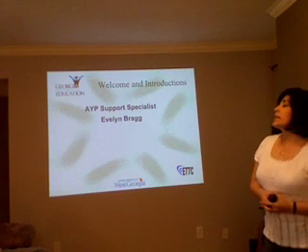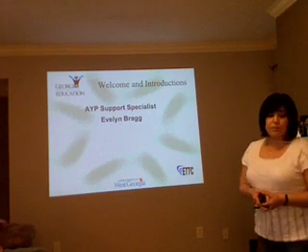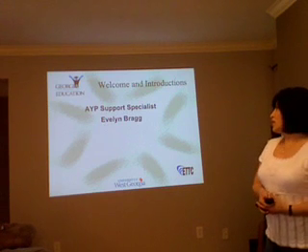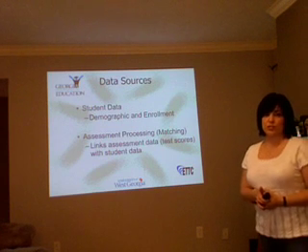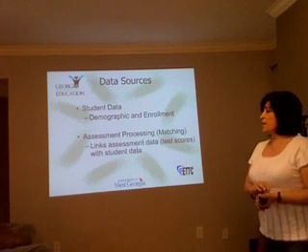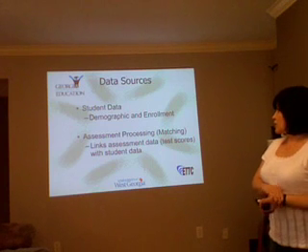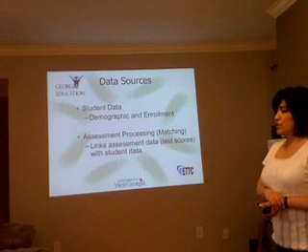This afternoon, I would like to discuss the data sources that drive AYP, the steps in determining AYP, and an overview of the AYP process. So let's just jump right in and talk about the data sources. The data sources that drive AYP come from the annual data collections of student information, which include demographic and enrollment information.